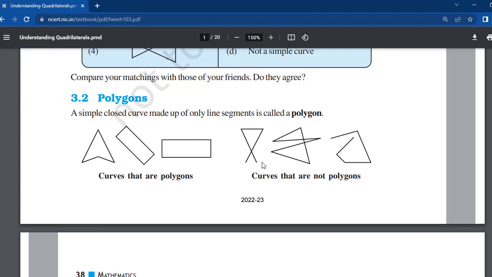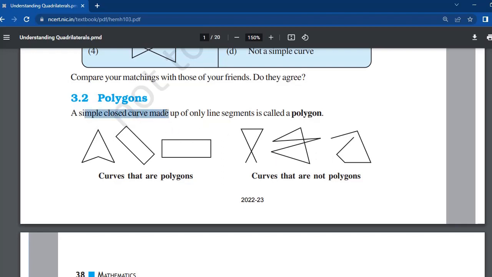Although this is also closed till here, here it is open, and this is also open here, closed. So this is also open, and even though these are line segments, they are not polygons because they are not fulfilling the criteria. Which criteria?